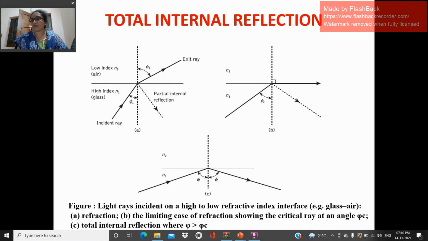Second condition, here the critical angle is formed. How is the critical angle formed? The middle line is the dielectric material and the vertical line is the interface line. Here N1 is the incident material, and the refracted ray means the N2 material.